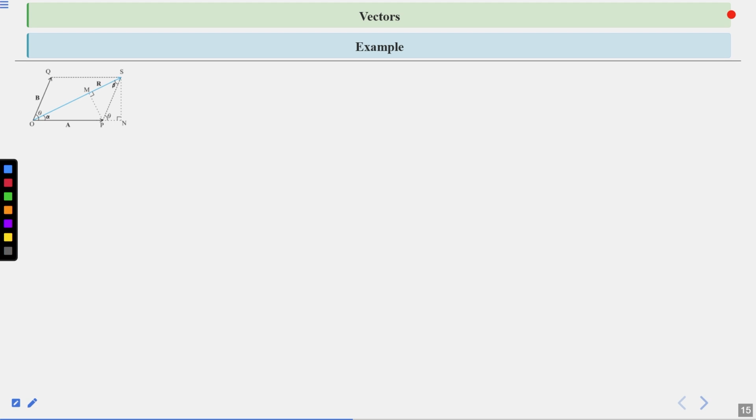So in triangle OSN, SN is equal to OS sin alpha, which is equal to R sin alpha, and in triangle PSN, SN is equal to PS sin theta, which is equal to B sin theta.